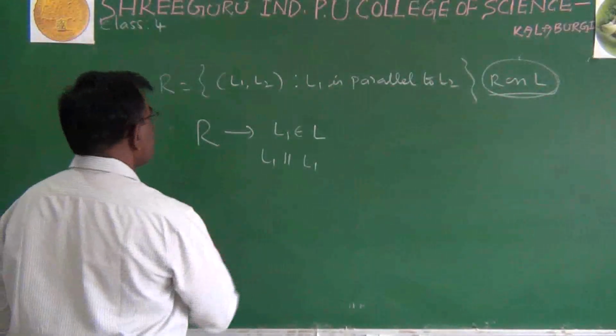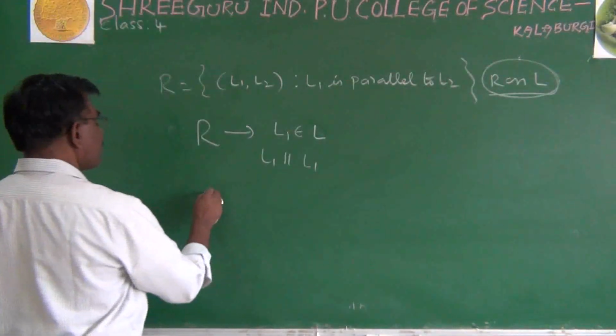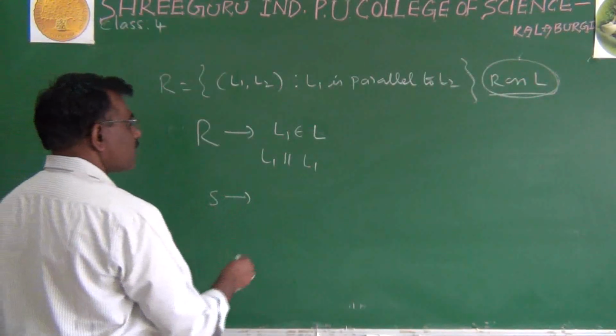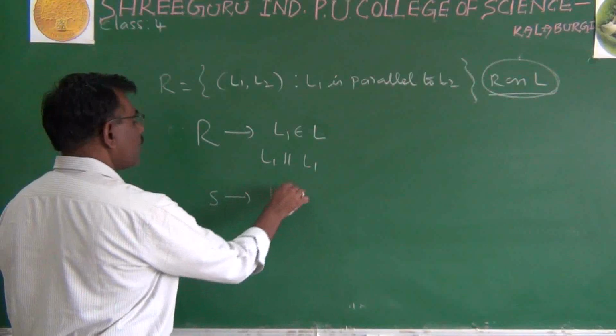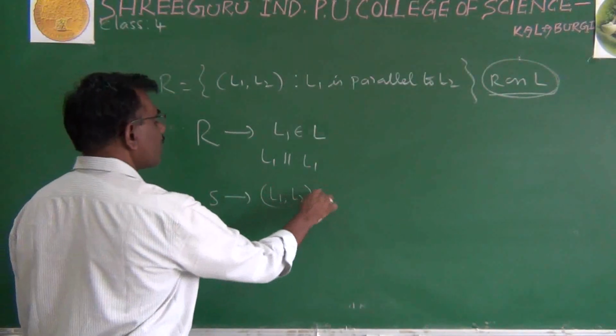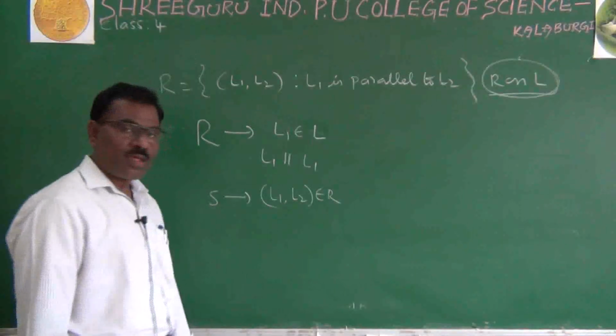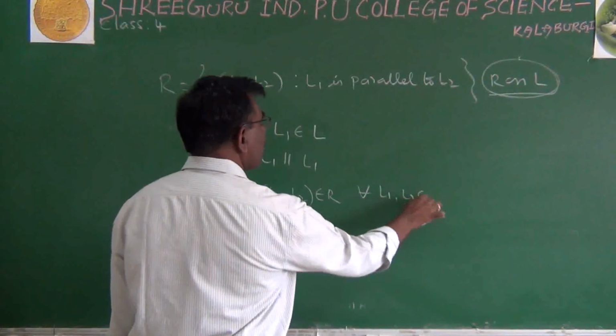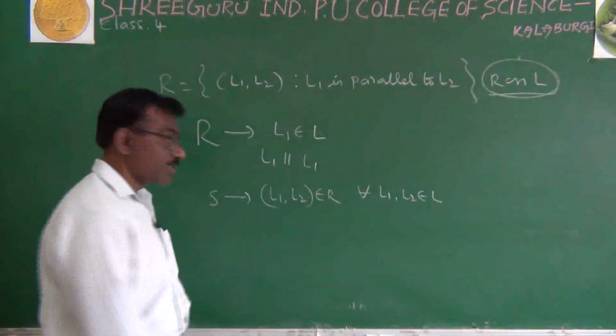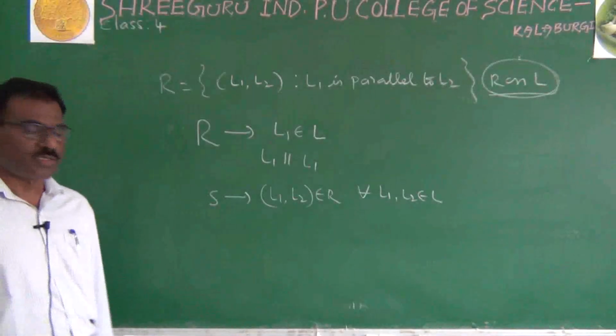What is the symmetry? The symmetry is very simple. You have to select L1, L2 belongs to R, for all L1, L2 belonging to capital L, because it is the set of straight lines.